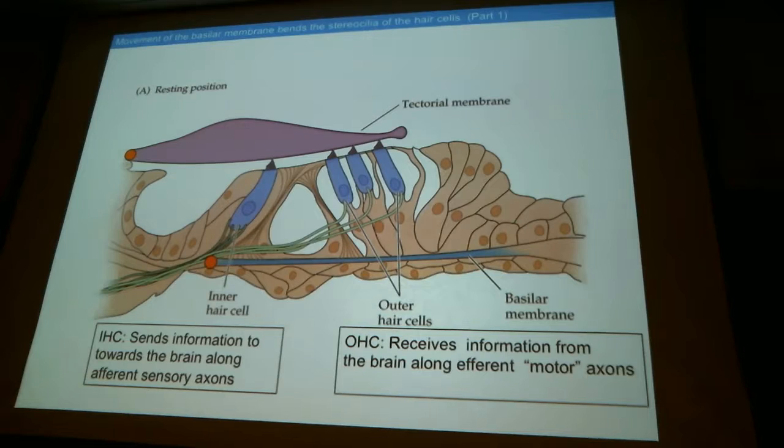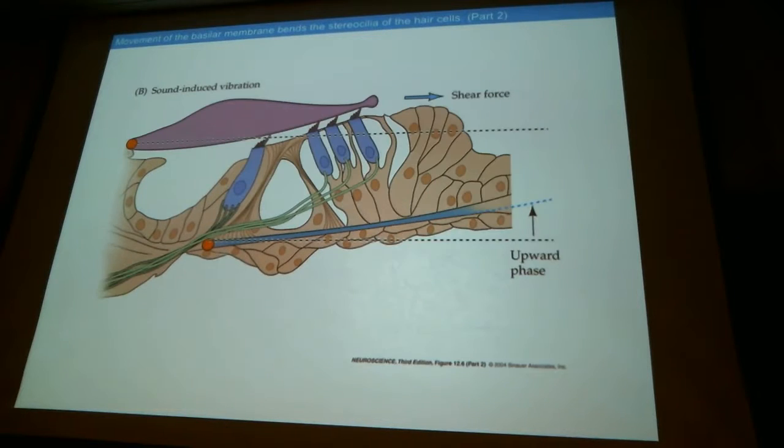So what happens when you have a wave of vibration that flexes the basilar membrane? If the basilar membrane gets pushed up from its neutral stance, well, everything gets pushed up, but because the tectorial membrane is anchored, it provides a shear force on those stereocilia.